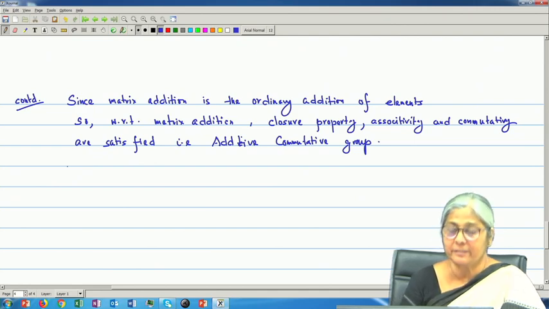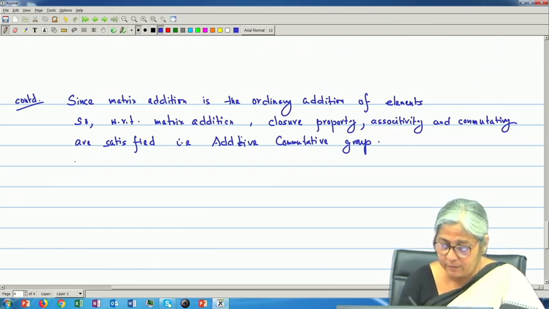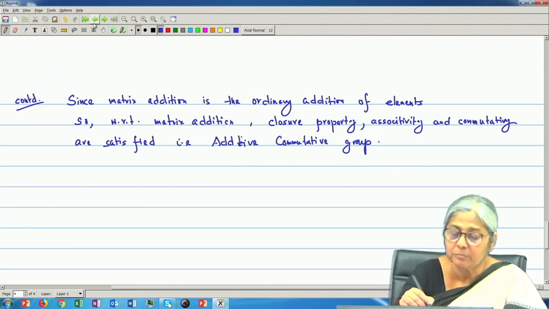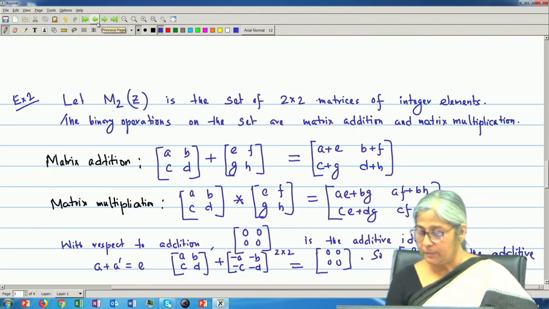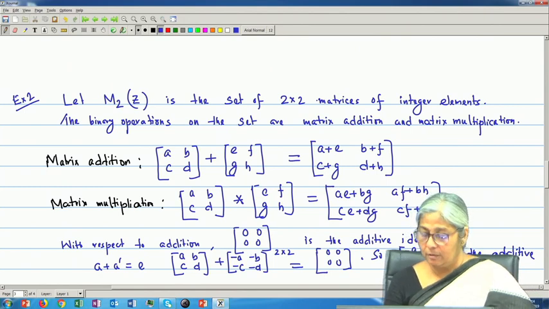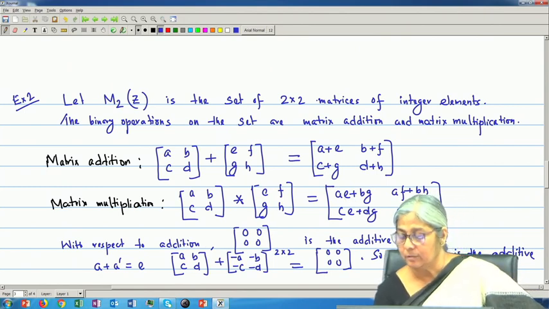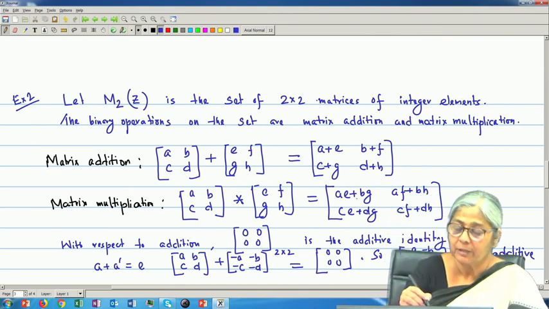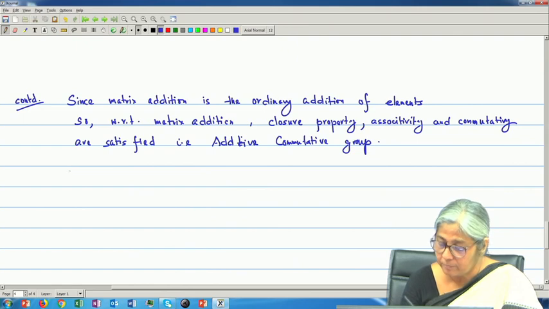Now, what about the matrix multiplication? Matrix multiplication is defined using ordinary multiplication and addition. So, the closure property holds.